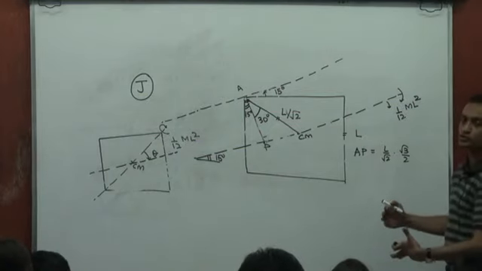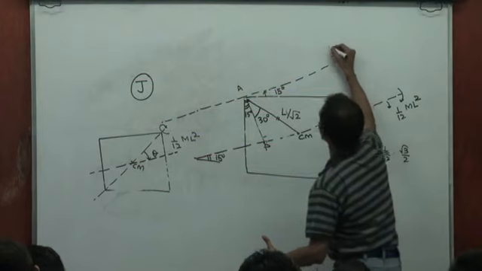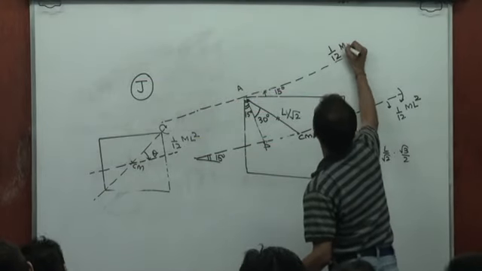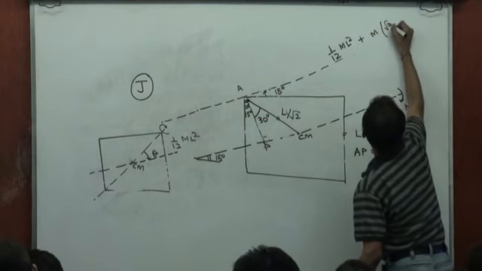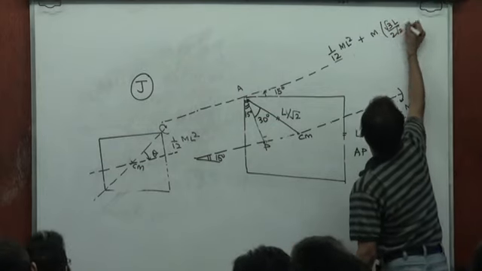Right? And then, of course, you apply parallel axis theorem. I about this axis is going to be 1/12 ml squared plus m into AP squared, with AP equal to root 3 L by 2 root 2.